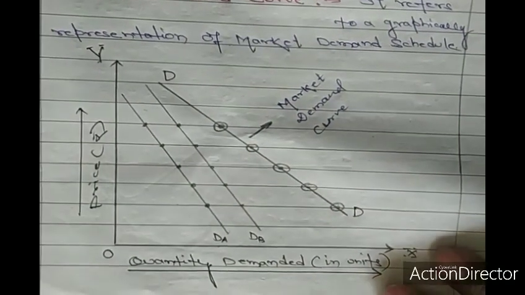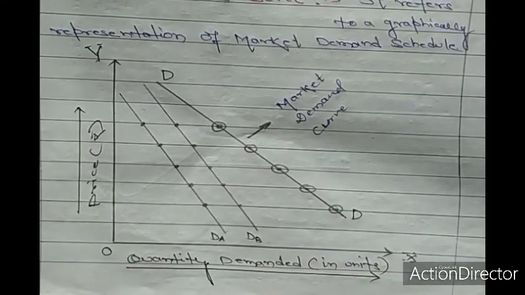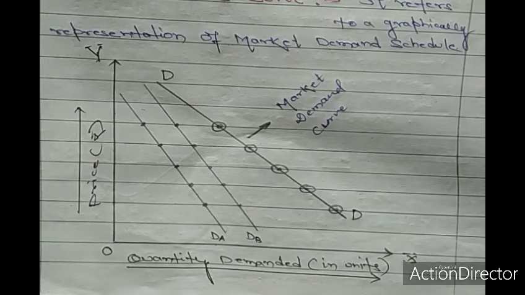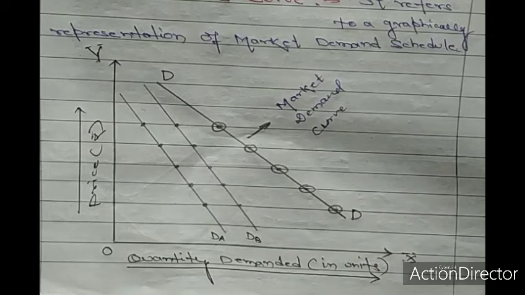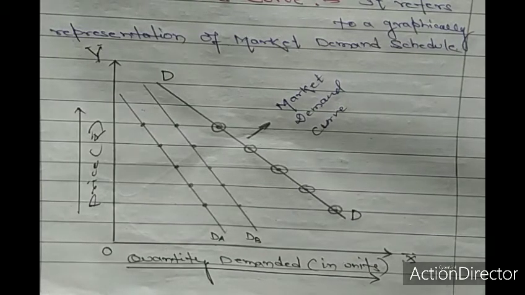Hope you remember that the market demand schedule is a table which shows various quantities of a commodity that all consumers are willing to buy. All consumers. Just see here, there were two tables, if you remember, the table of household A and the table of household B.